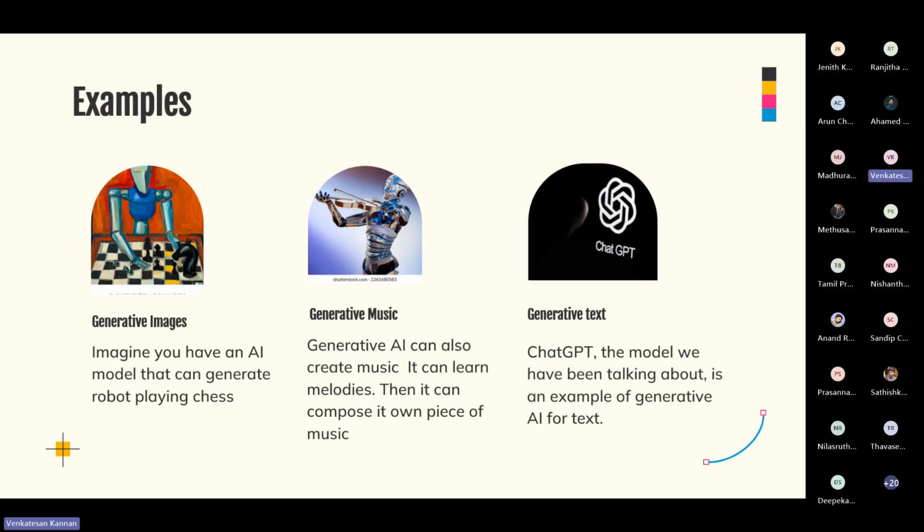And the last one is generative text. It's a model we've been talking about. An example of generative AI is text. It means it can take a prompt or questions, which means what we are going to ask it. For example, you can ask generative AI to please tell us about yourself. It will tell us the origin of ChatGPT. I know we have all been using generative text platforms like ChatGPT, Bard, or Gemini.